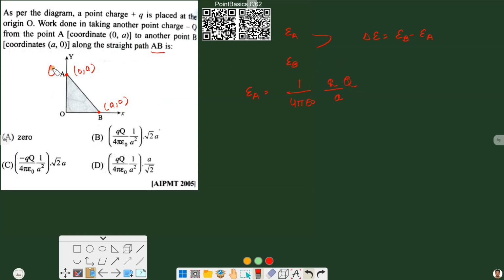We are considering the value of charge at A is q, and at B is also q, because we are moving the charge from A to B, so the same charge will be there. Now EB, if we find out, again 1 by 4 pi epsilon naught, charge at center is Q, distance from O to B is again A, and this is the energy. Now both of these are the same, so their difference will be 0, so option A will be the right answer. Moving to the next question.